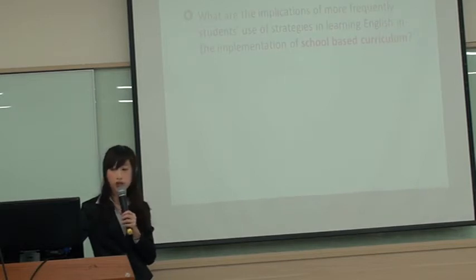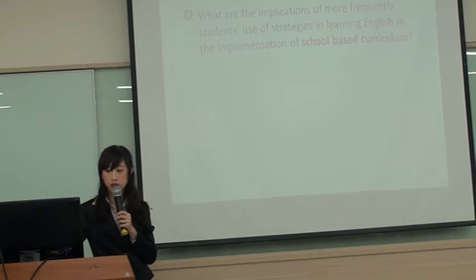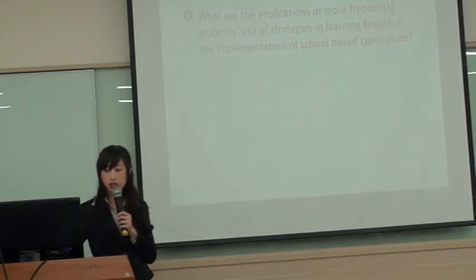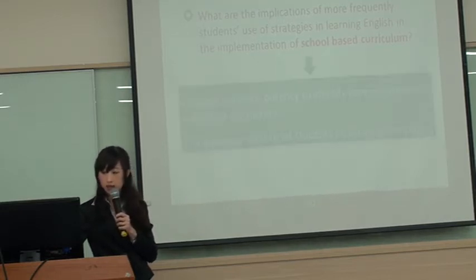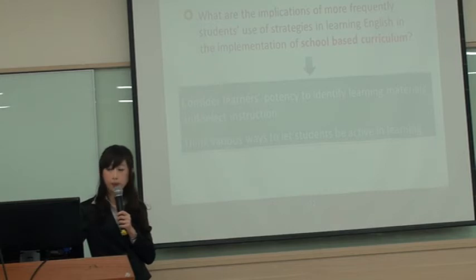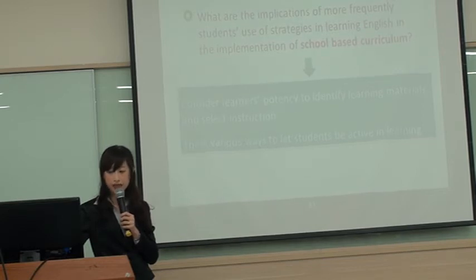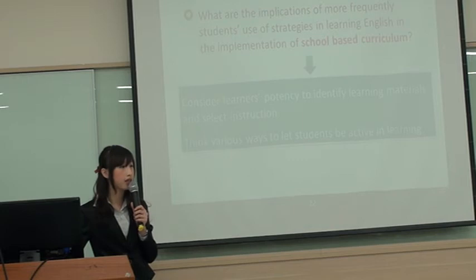And research question 3, what are the implications of students' more frequent use of strategies in learning English in the implementation of school-based curricula? The result shows that teachers should consider learner potency to identify learning materials and select instruction, and then think of various ways to let students be active in learning.